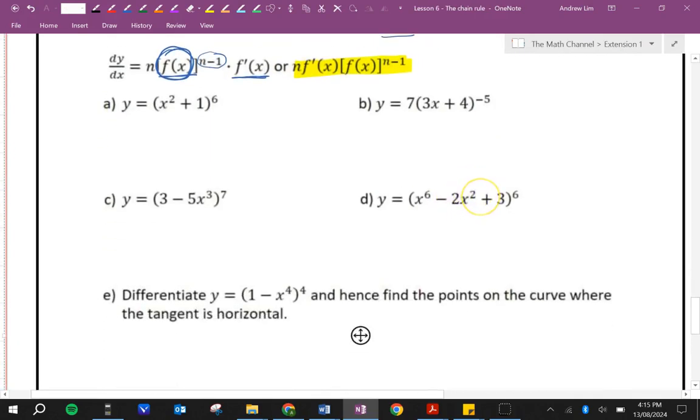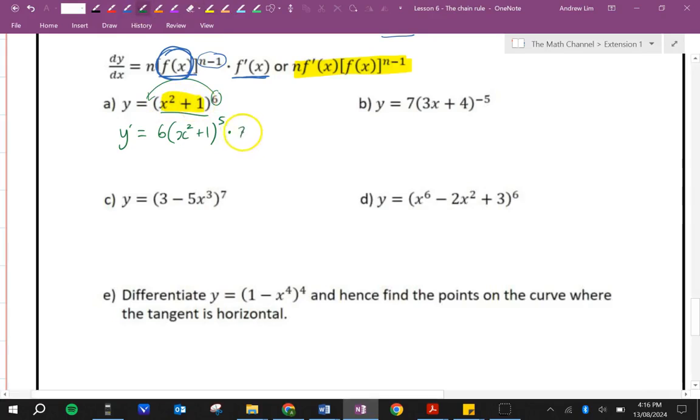So let me go through 2 examples, and then you can have a go with C and D. So in question A here, y', the first derivative, I'm going to bring the power down. I'm going to write down what's in the brackets. I'm going to reduce the power by 1. But I need to times by the derivative of what's in the brackets. So what do I get when I differentiate that?